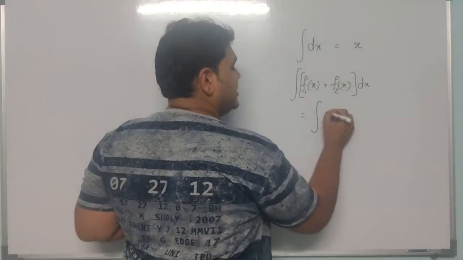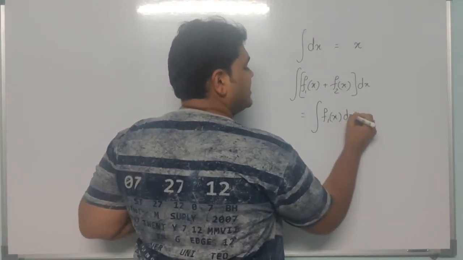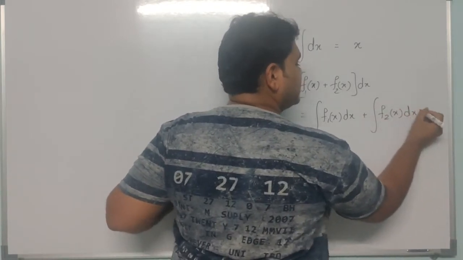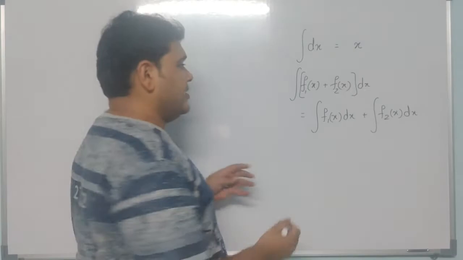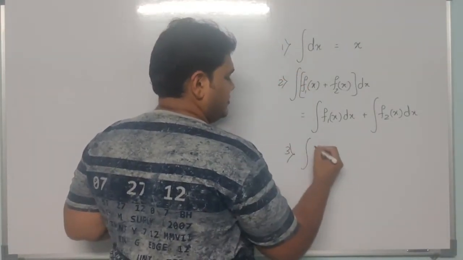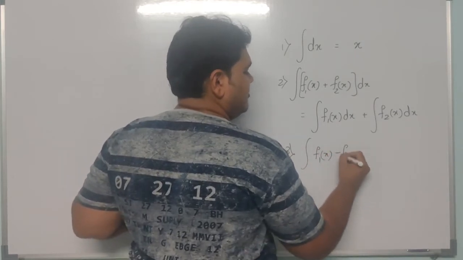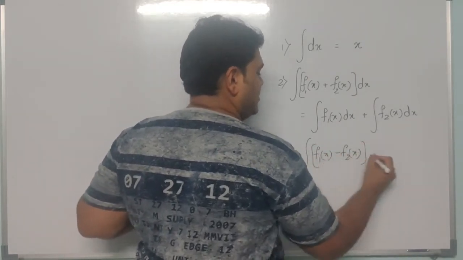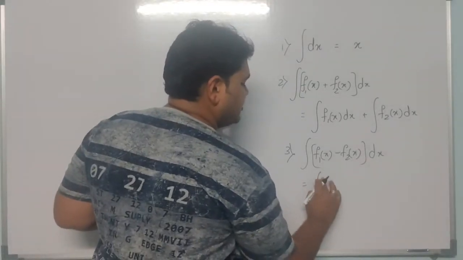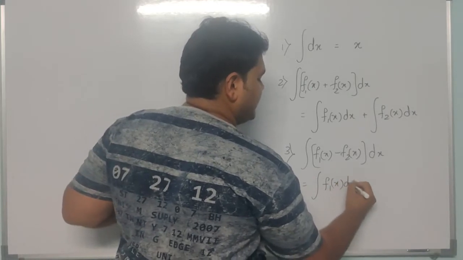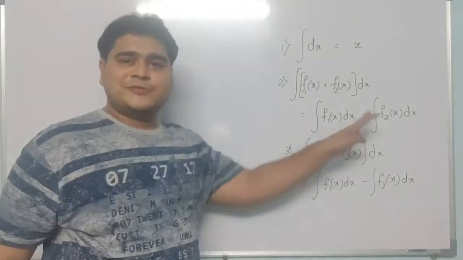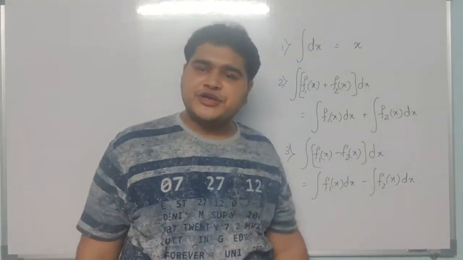Here we are going to separate the integration sign as integration of f1x dx plus integration of f2x dx. Similarly, if you have the minus sign, f1x minus f2x, the whole dx, it is going to be integration f1x dx minus integration f2x dx. So whether it's plus or minus, you just separate the integration and you apply it.